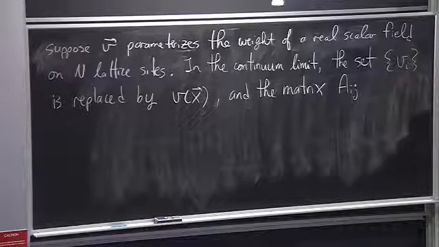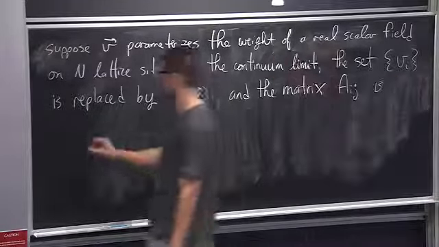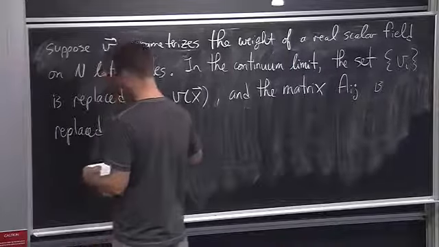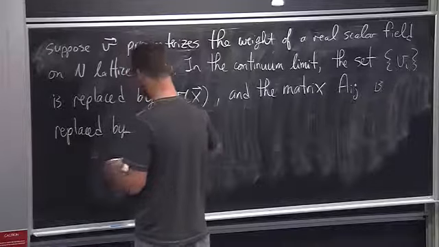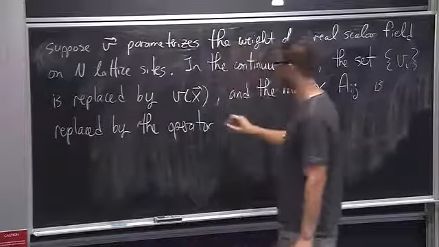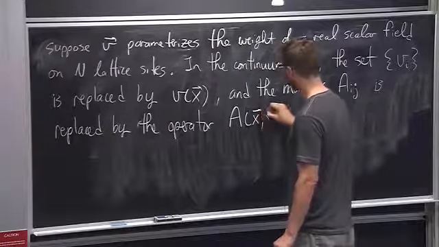That matrix is replaced by the operator. And V is one index, so the matrix has to have x and x prime or something like that.